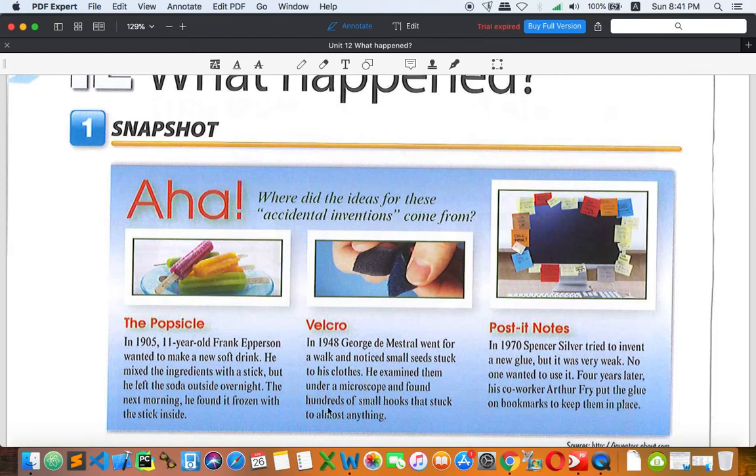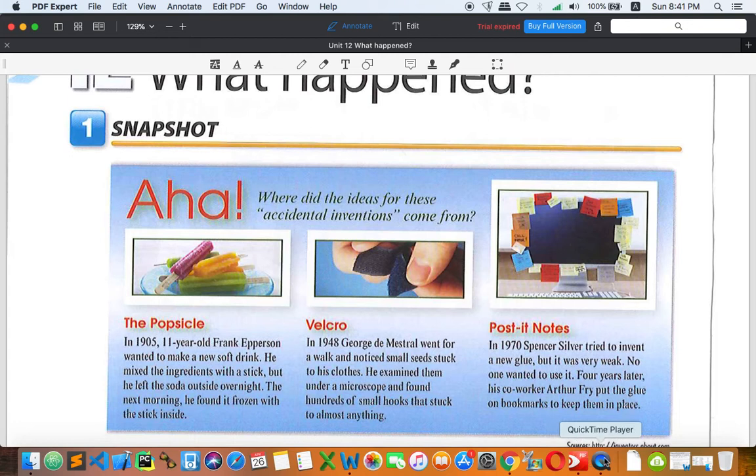A microscope is a machine that allows you to see a very tiny item or object. We cannot see it with our eyes, but with a microscope we can see the tiny details. And he found hundreds of small hooks that stuck to almost anything.